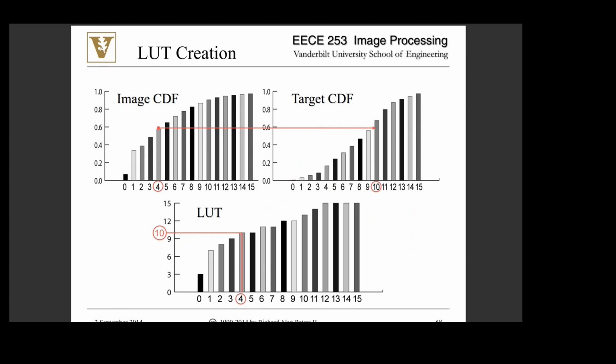I have to find for every value what is the CDF of that value in the original image. I have to find a value in the output such that the CDF is between two bars. Therefore I will substitute 4 by 10, 5 by 10, 6 by 11, and so on. So this is my lookup table.